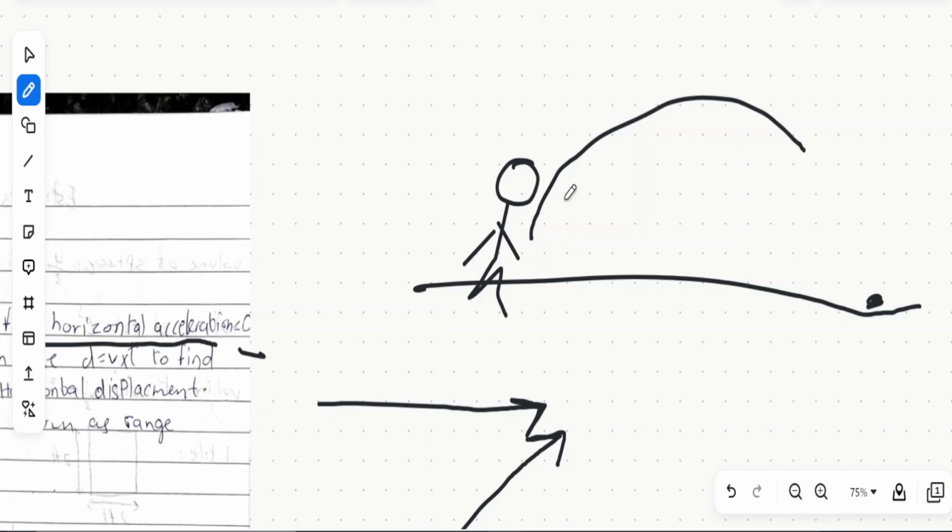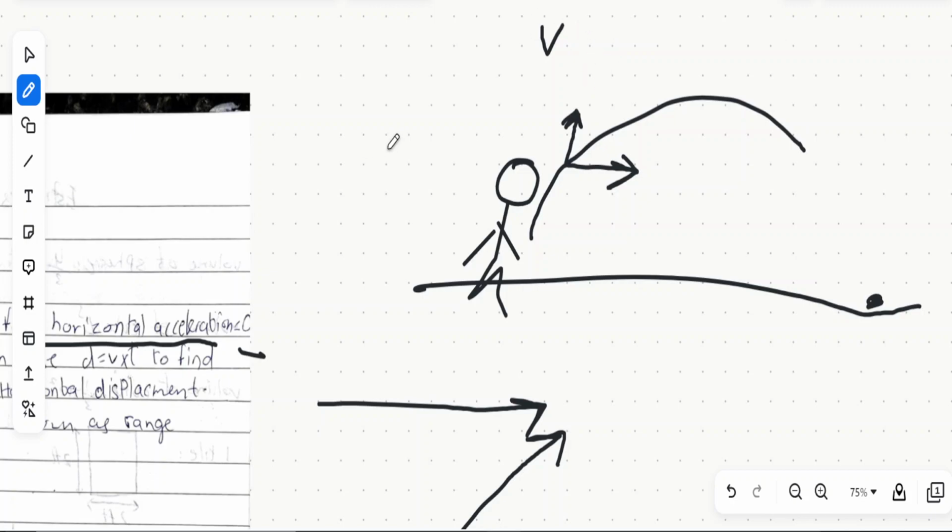Whenever I'm throwing my ball in a certain direction instead of upwards, then remember that your velocity will have two components: the horizontal component of your velocity and your vertical component of your velocity.